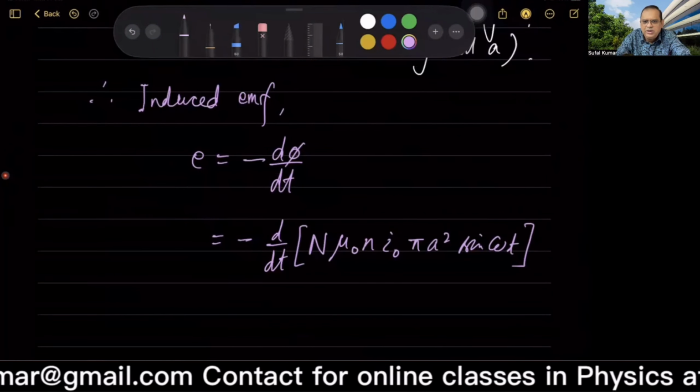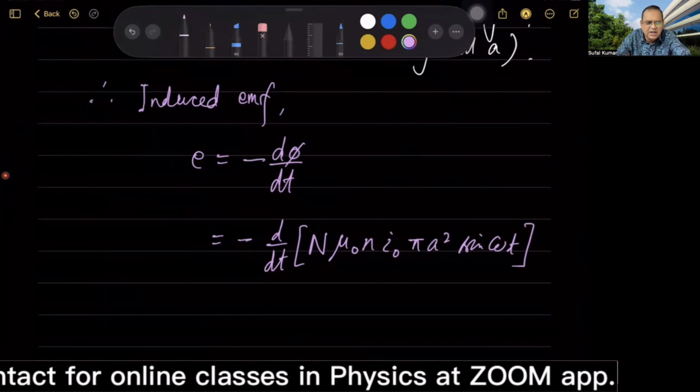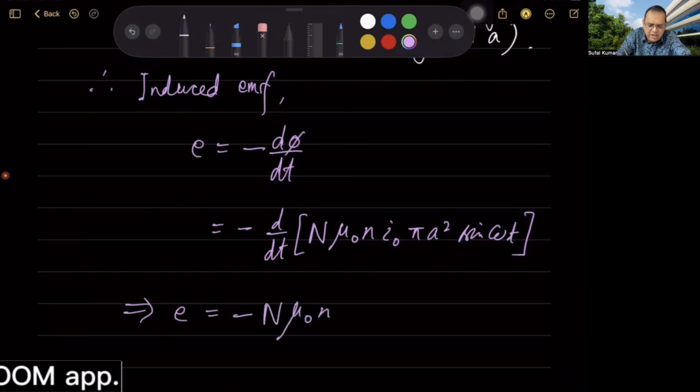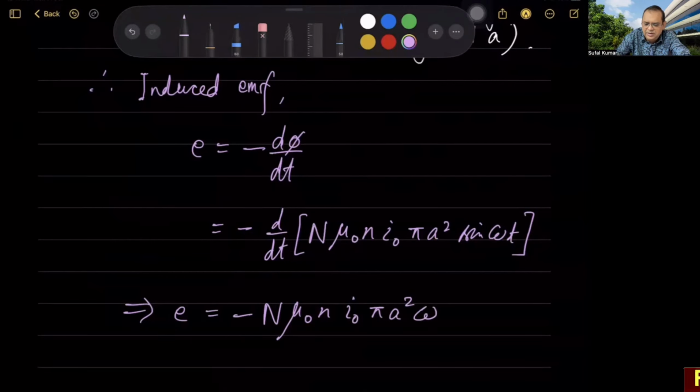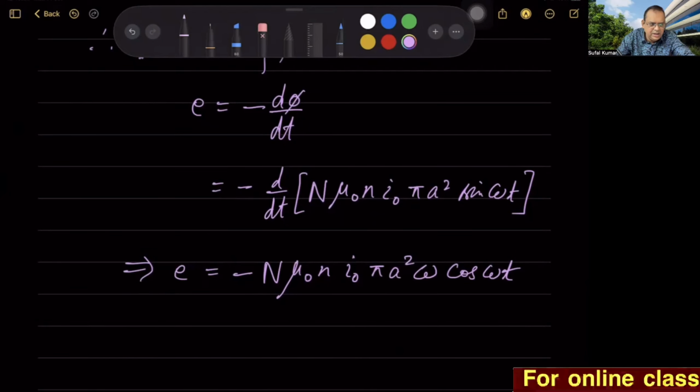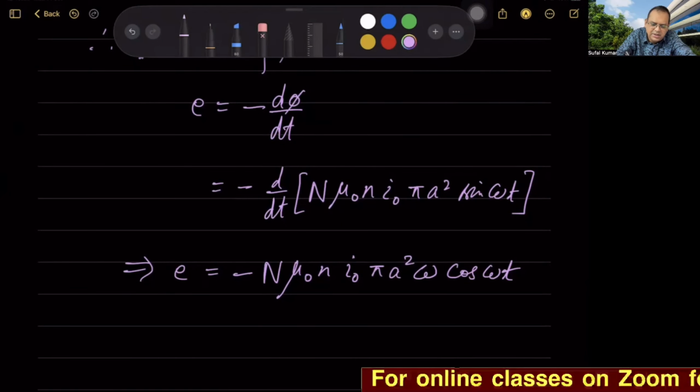All these constants will be taken out: minus N mu naught n I naught pi a square. The variable coefficient omega will also come out, and the differential of sine is cos. So this is how large the expression is.